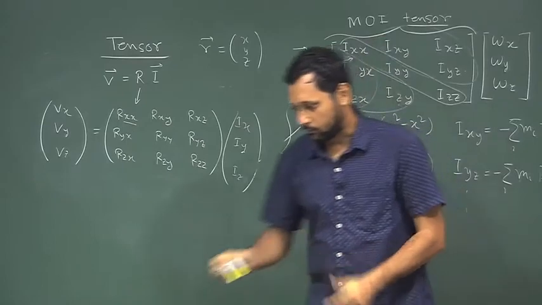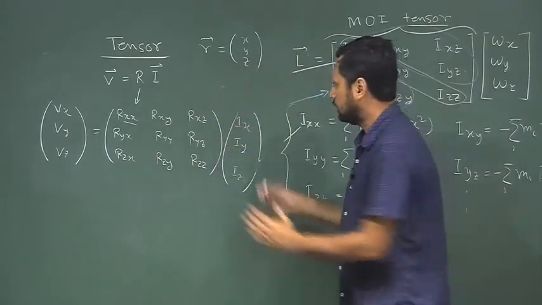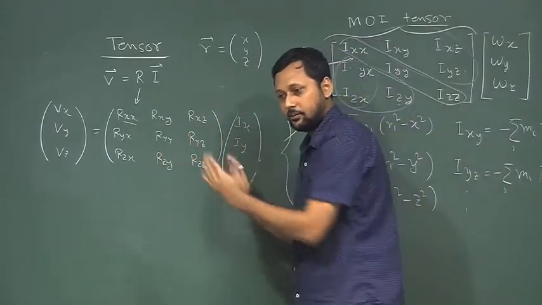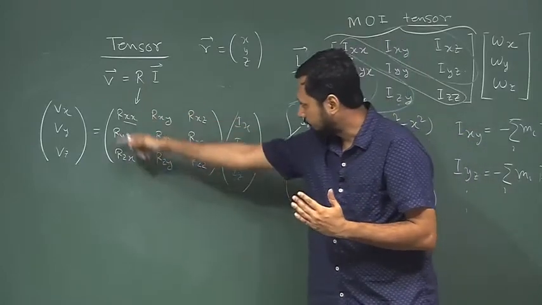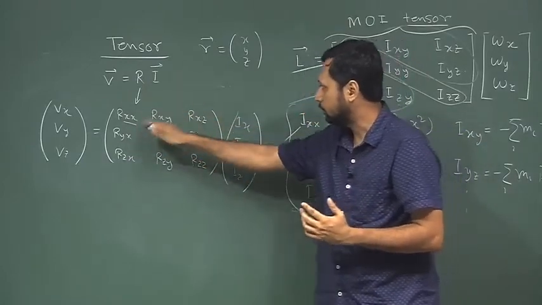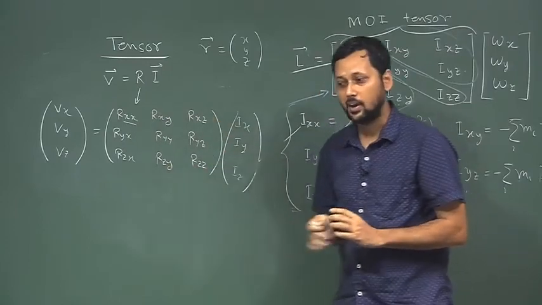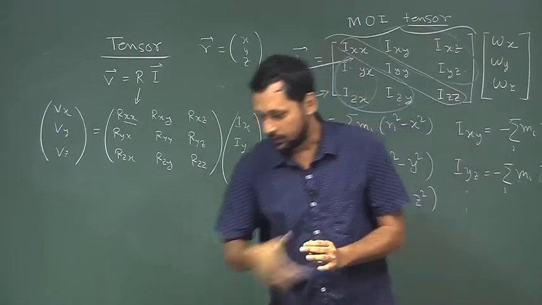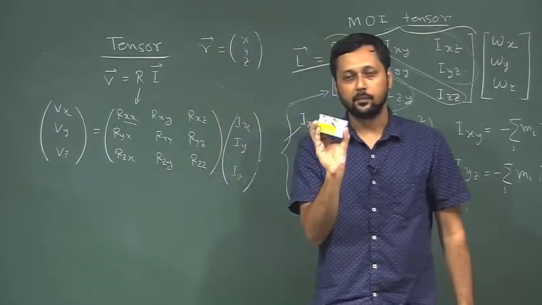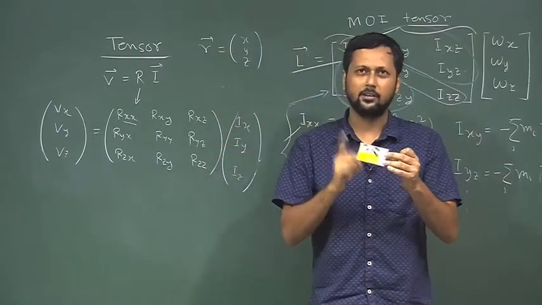Now, what is the advantage of such a representation? The advantage is, once we have this full set of information, that means if we know all these 9 parameters, we know the resistance behavior of this particular, assume that it is a metal block.